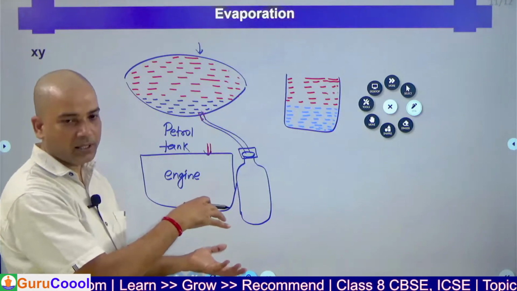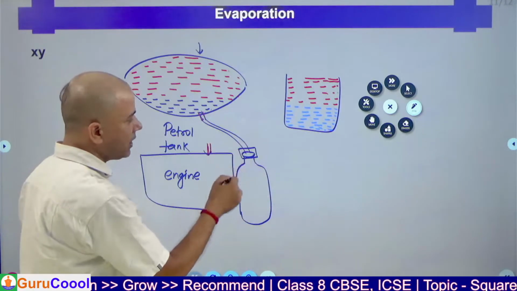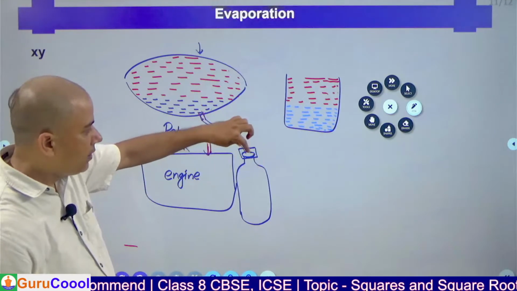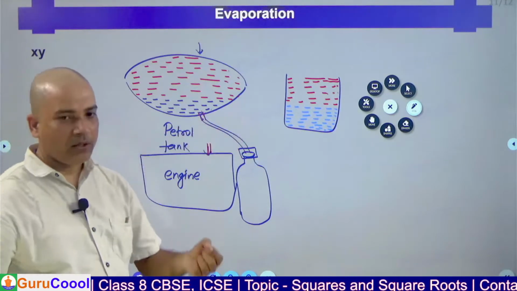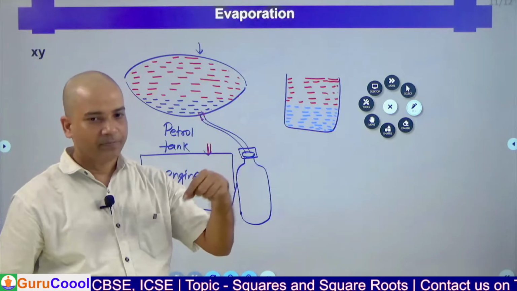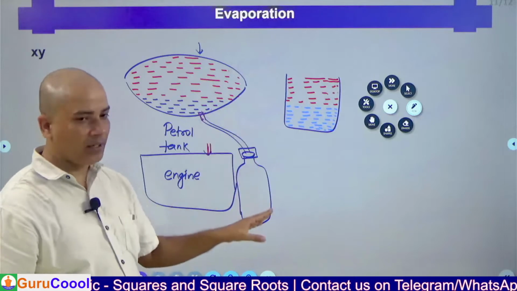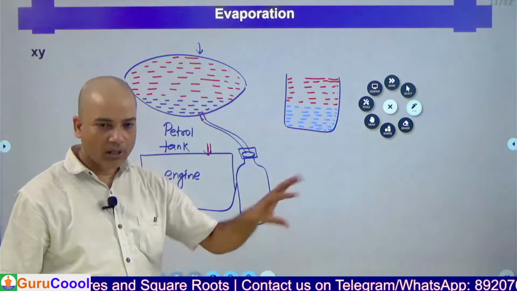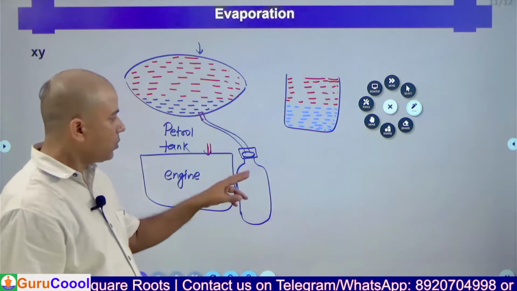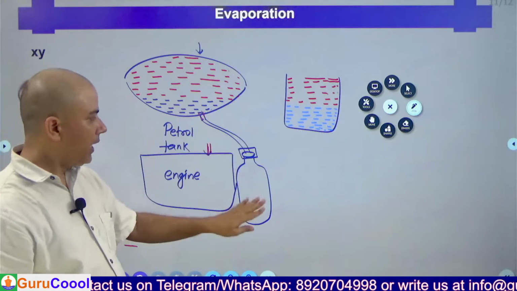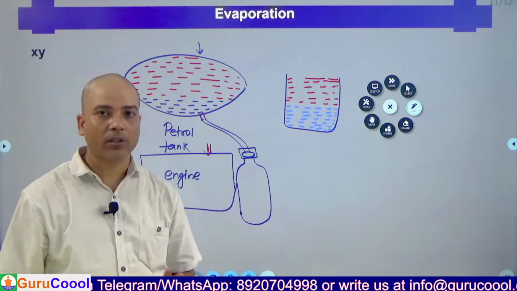When he turns it down, water comes to the bottom, and he slowly loosens the cap so that water can come out. He allows it in a controlled manner so that petrol can be saved and only water comes out slowly.